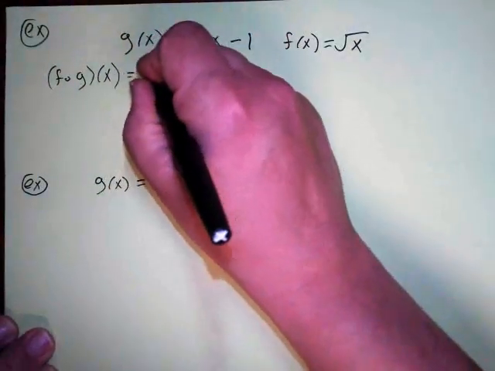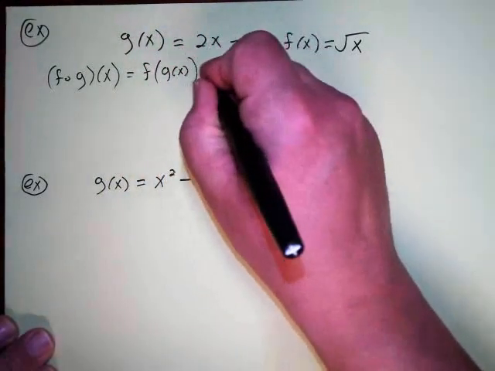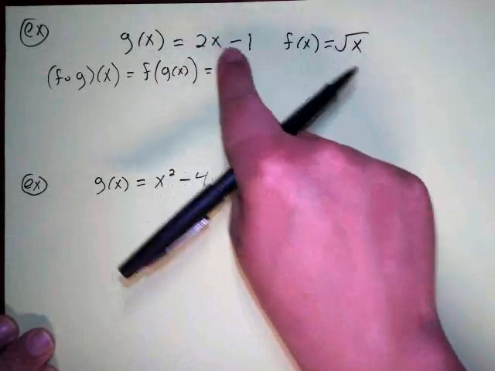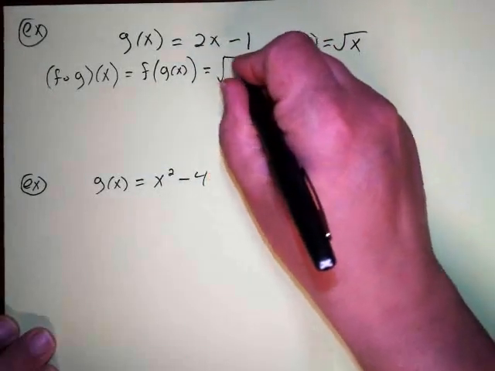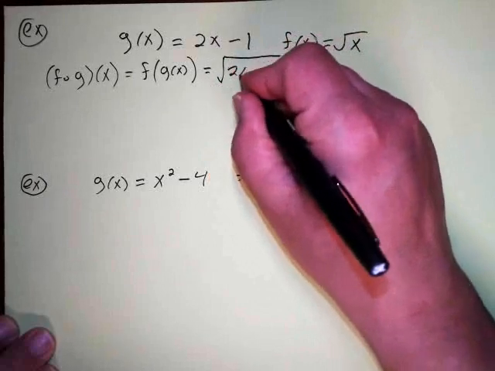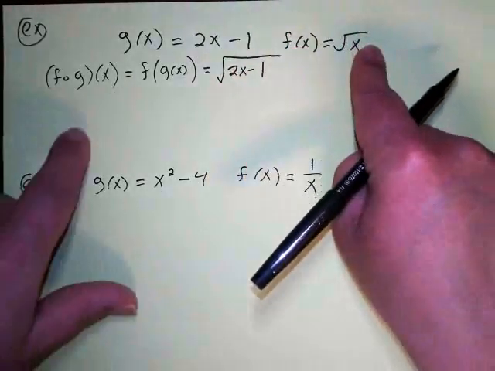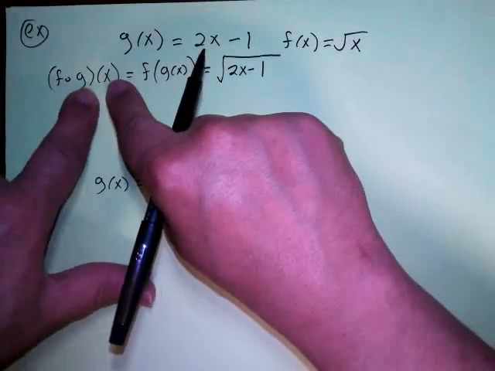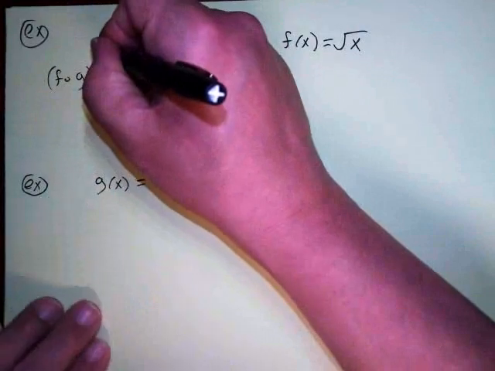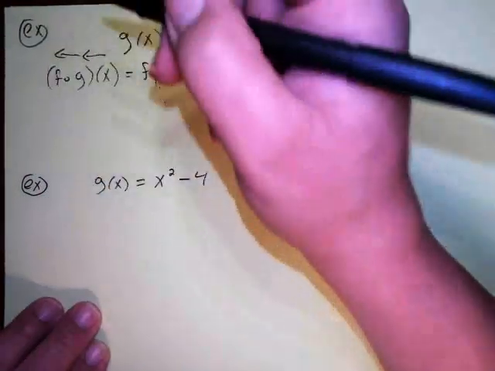This really means f of g of x. So what it means is that g of x gets placed inside the f of x. The g of x is the inside function, the f of x is the outside function. The one closest to x is the inside function. It's like you're starting at x, putting it in g, and then putting that in f.